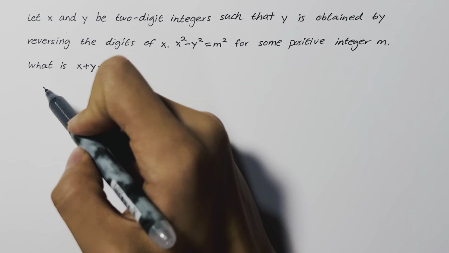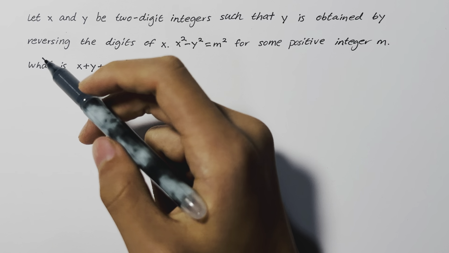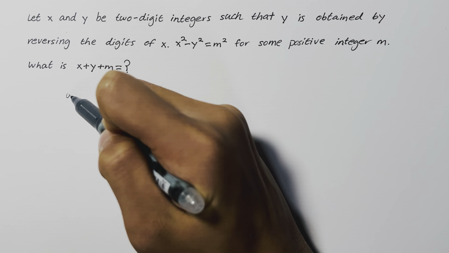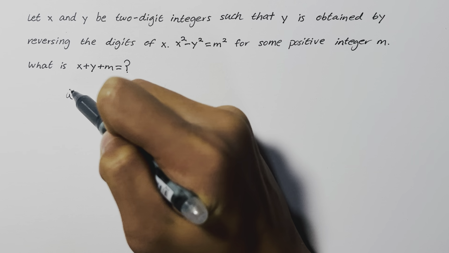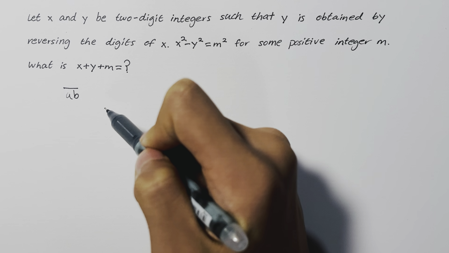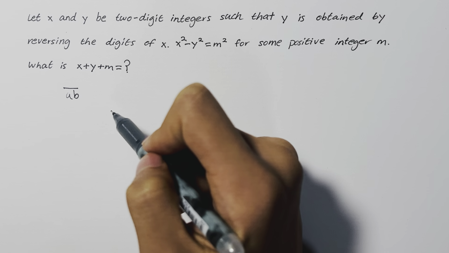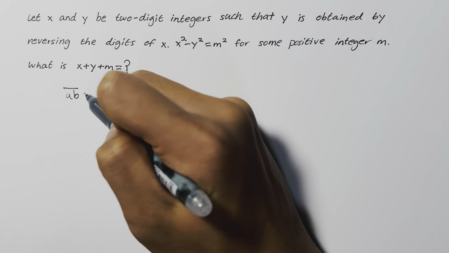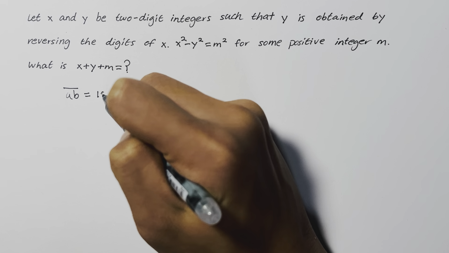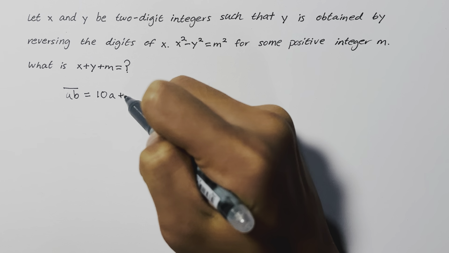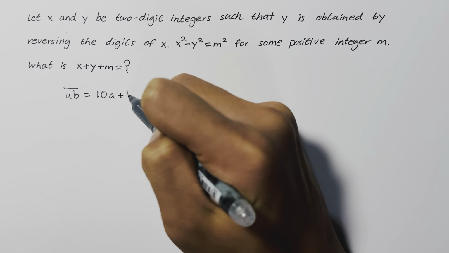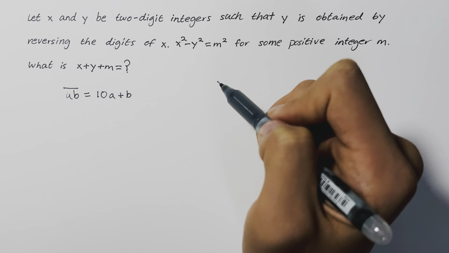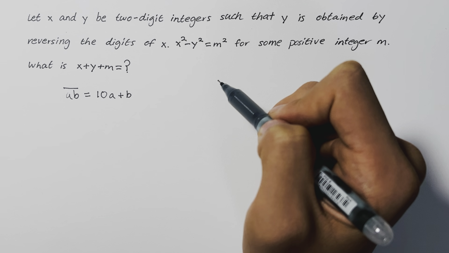Now notice here that AB is not A times B, but AB here is equal to 10A plus B. And this is the key to solving this problem.